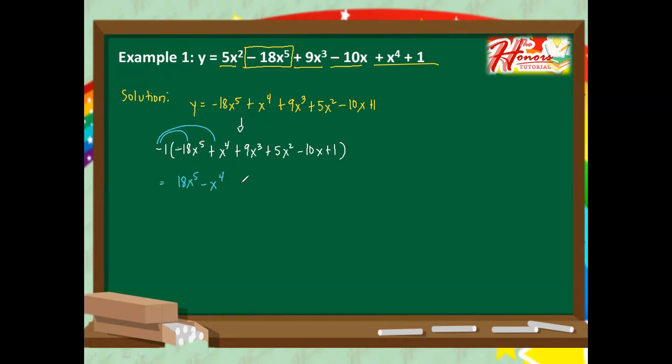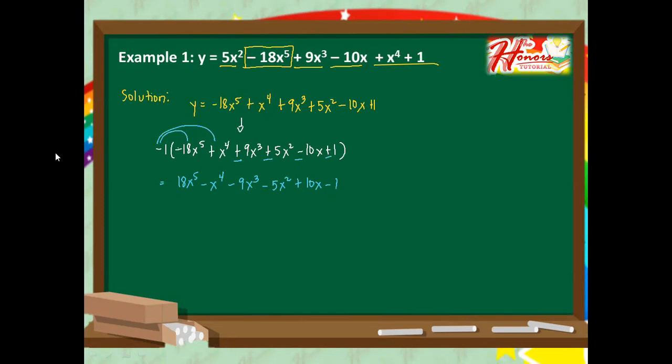As you can see here, the signs will change but the numbers will not. So if it is positive, it will become negative. So minus x cubed. So minus 5x squared. Then negative will turn into positive. So plus 10x. And then positive here, it will become negative.